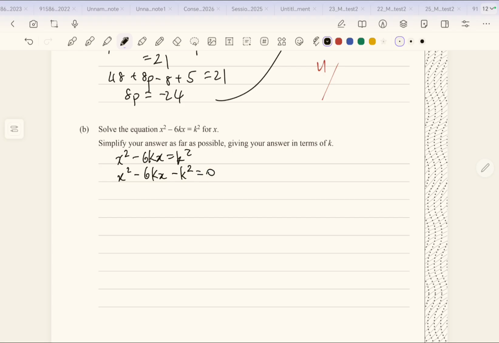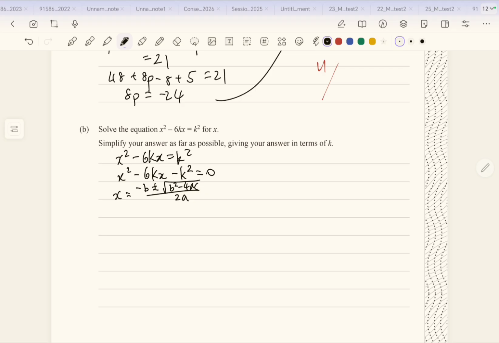Now, we don't have enough information to factorize this yet. Therefore, when we can't factorize and get the value of x, we use our trusty quadratic equation, which hopefully you all remember. It's x equals negative b plus or minus the square root of b squared minus 4ac over 2a.